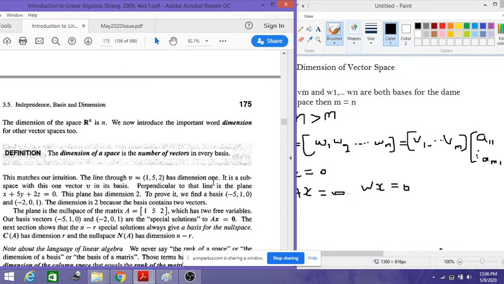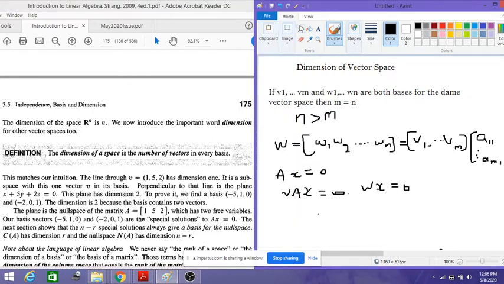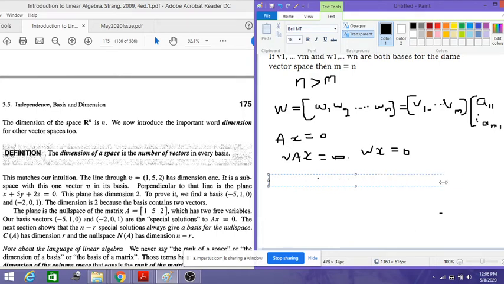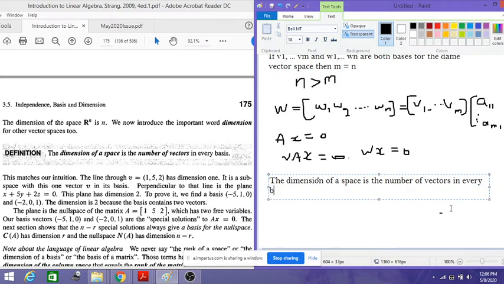So the definition of the dimension goes like this. The dimension of a space is the number of vectors in every basis.